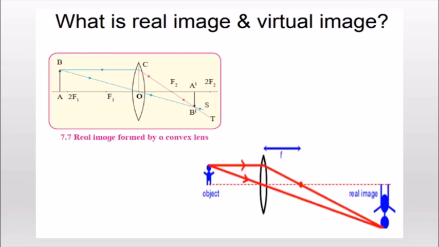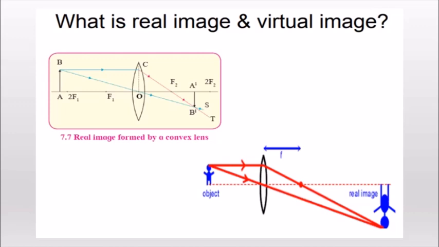So this is how you come to know whether the image is real. If it is formed on the opposite side, it is a real image. If it is formed on the same side, then it becomes a virtual image. And as we can see here, an inverted image is formed, it is a real image, and the size of your image is reduced.